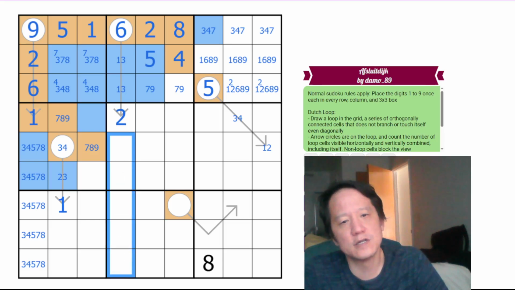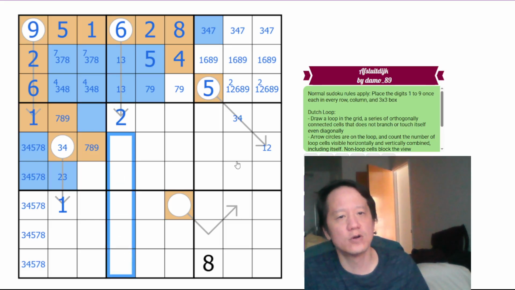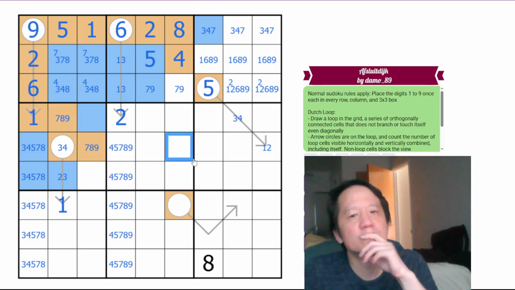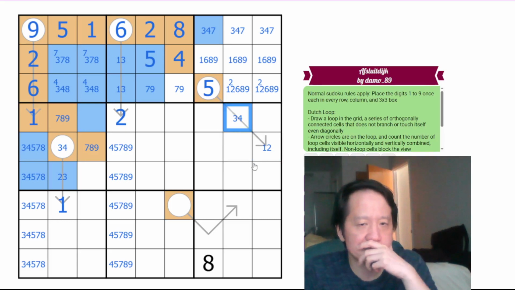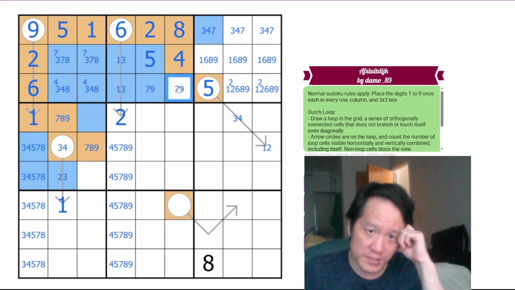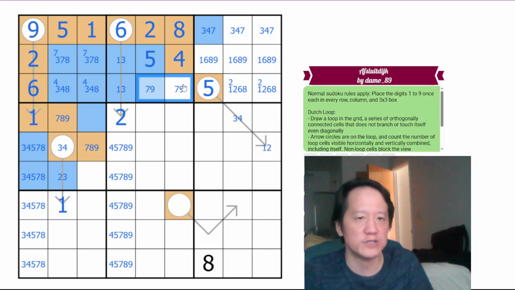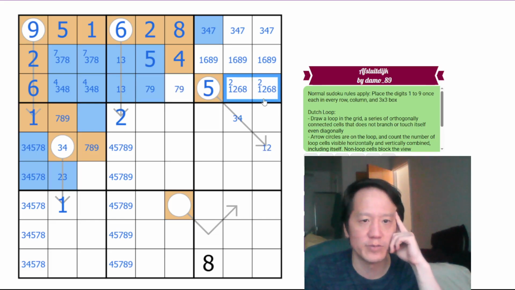Remaining digits in column 4 are 4, 5, 7, 8, and 9. Either this is 9 or this is 9 to connect on the Dutch whisper line. They both see these two cells, so 9 can never. Okay, this is a 7, 9 pair, so obviously this couldn't be 9.